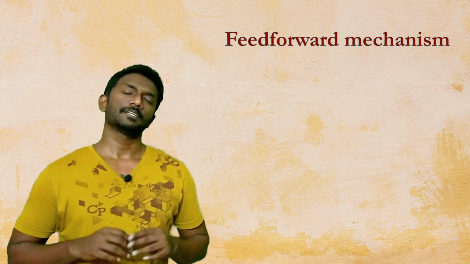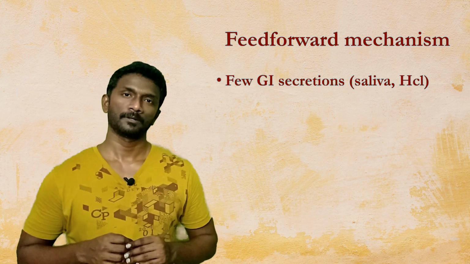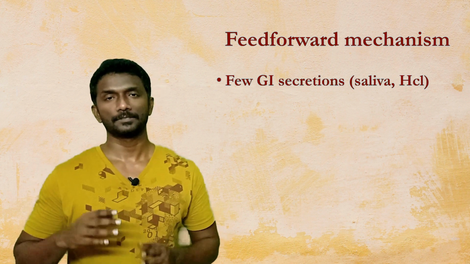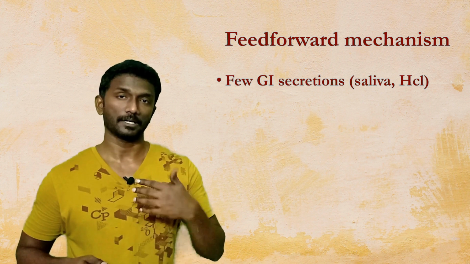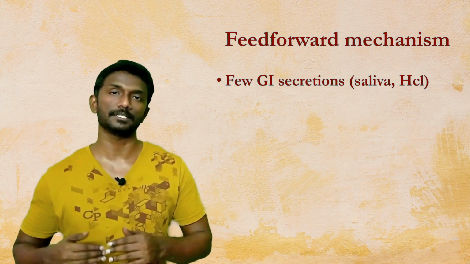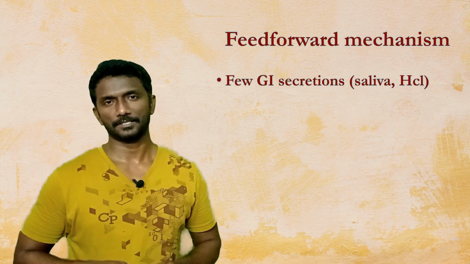We'll look at some examples for feed-forward mechanism. The first one is the cephalic phase of HCl and salivary secretion. The thought or even sight of the food we like triggers these feed-forward mechanisms, and even before we start eating, HCl and saliva will be secreted to prepare our GI tract for proper digestion. The same thing happens with exercise.